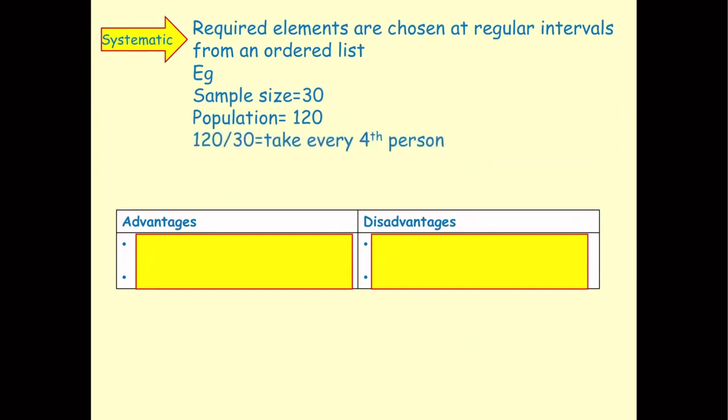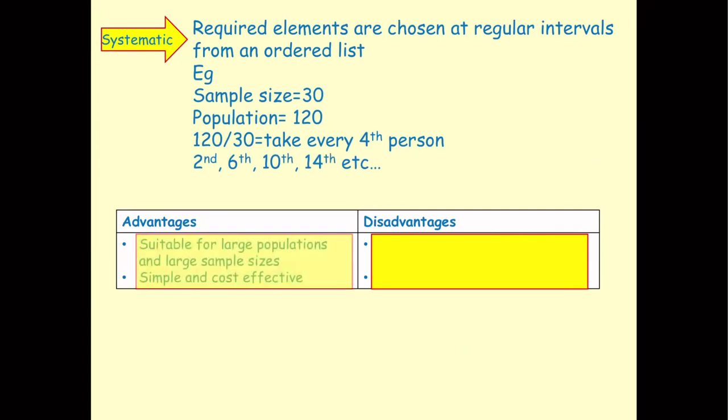So I'm going to choose every fourth person. I don't necessarily need to start from person number 1. I could start from person number 2, as long as I choose the next fourth person on from there, so the 6th, and then 4 more will give me the 10th and the 14th, etc. As long as from wherever you started, you choose every fourth person thereafter.